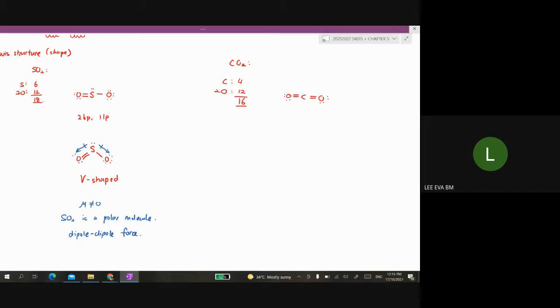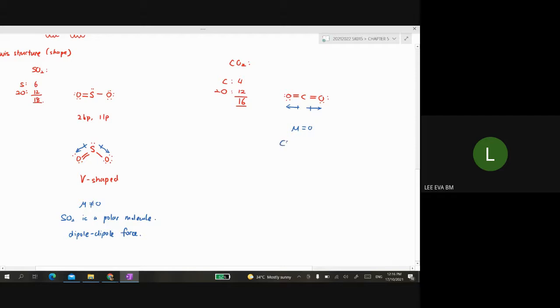Okay, so if you look at the carbon dioxide structure, still we have the polar arrows, but both polar arrows are the same. Therefore, you have mu equals 0 because both dipole moments cancel out each other. Okay, therefore we can say that carbon dioxide is a non-polar molecule.